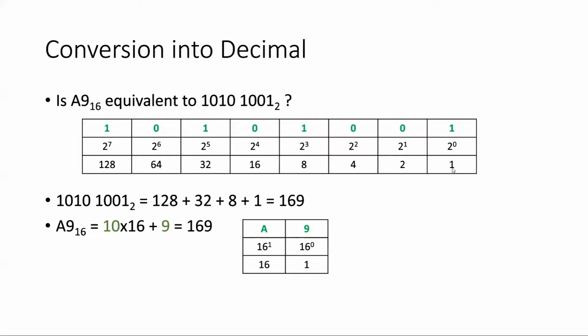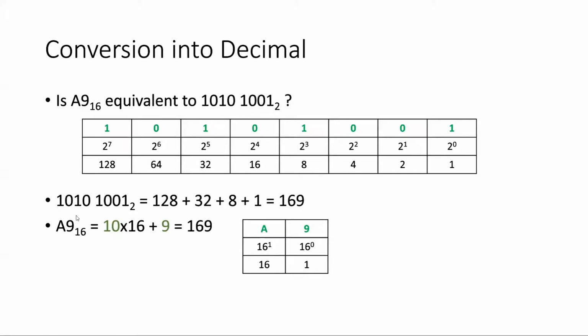We have 1 here, and then we have 8 here, and here we have 0, so we don't need to add anything. In the next position we have 32, and in the next position we have 128. When we add these together, we obtain 169.